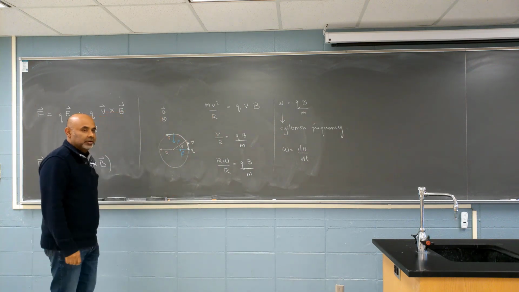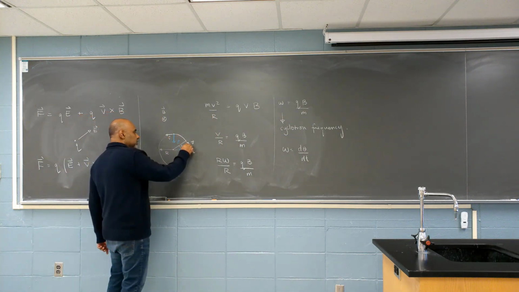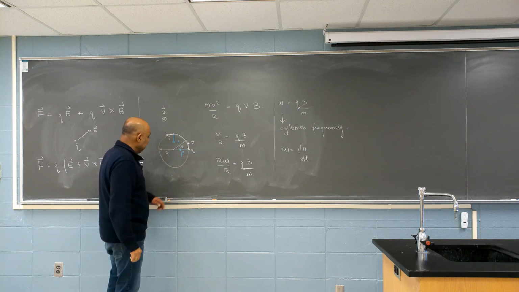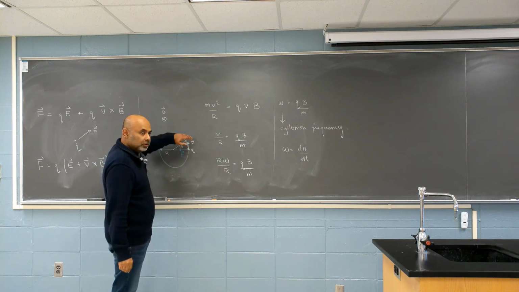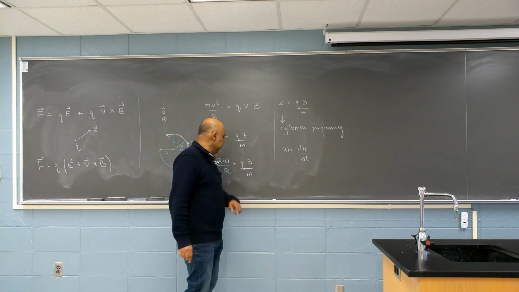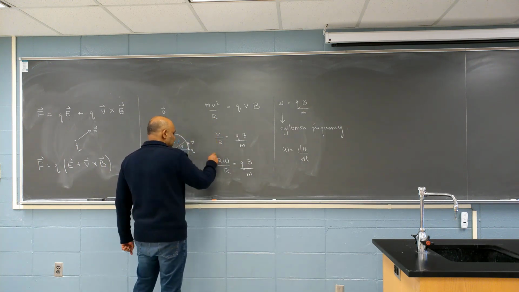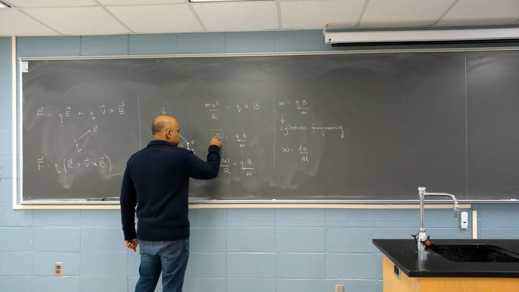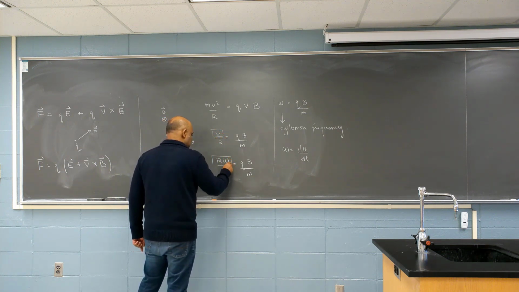It's the angular velocity. As the charged particle moves along the circle, it sweeps an angle, the rate of change of the angle. So here I'm, of course, using v equals r omega.